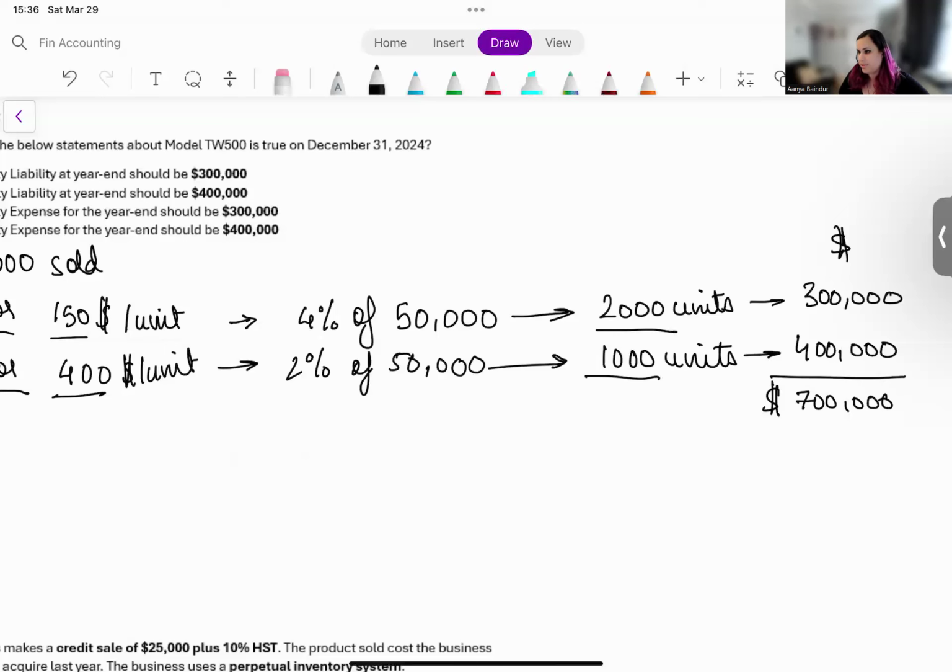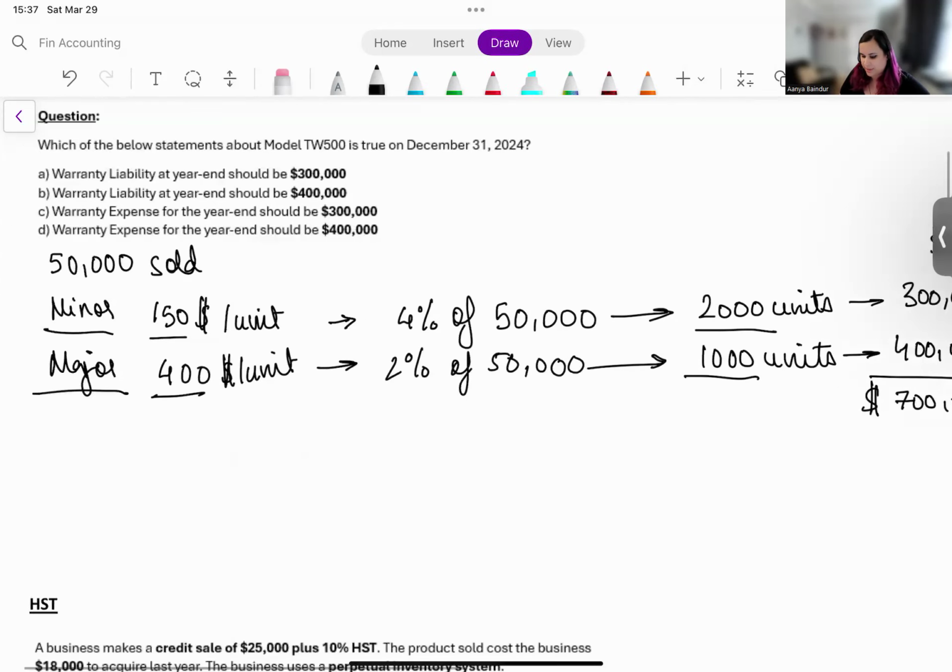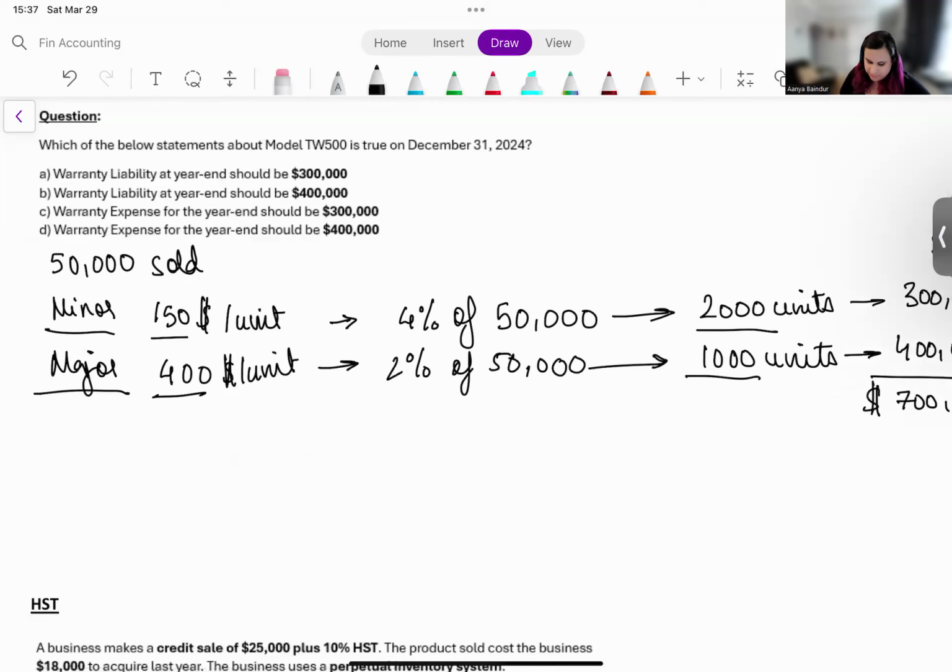Now remember, when it comes to warranty, the moment we make the sale, we immediately recognize the warranty liability at the same time. So our journal entry would theoretically look like this.